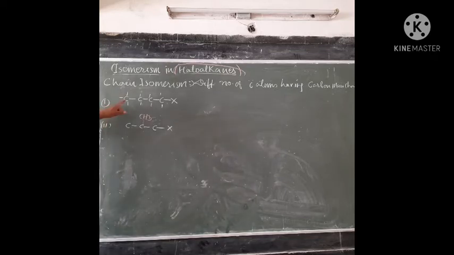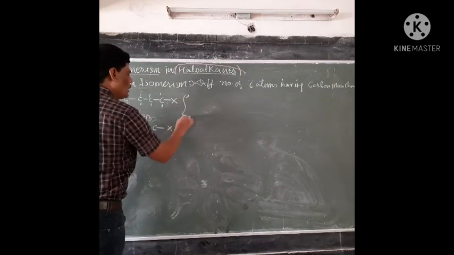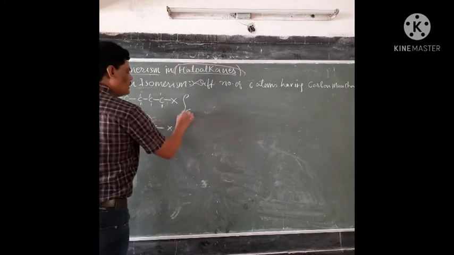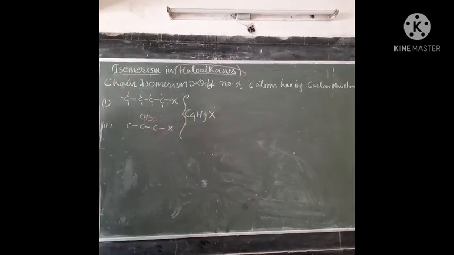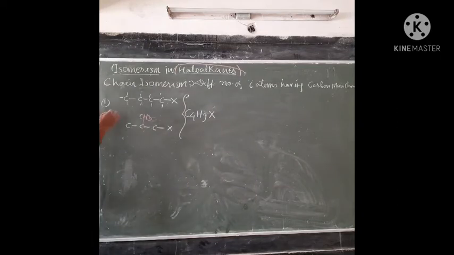So students, how many isomers are possible? 2 isomers are possible, and these two have the same molecular formula, C4H9X.